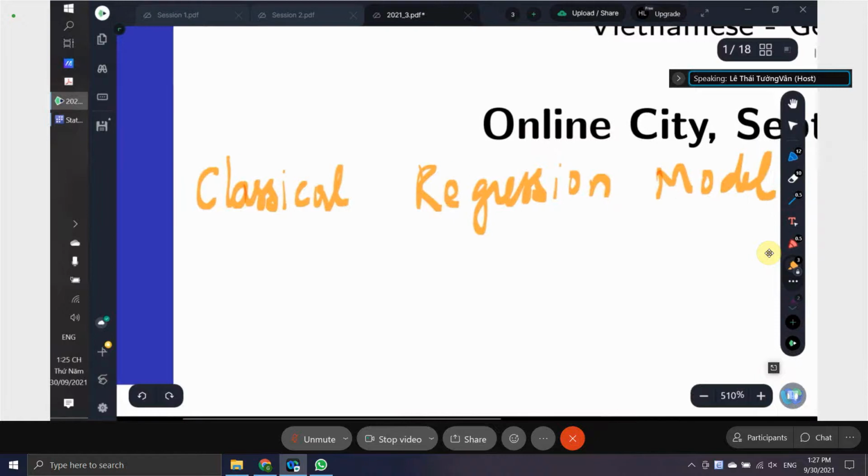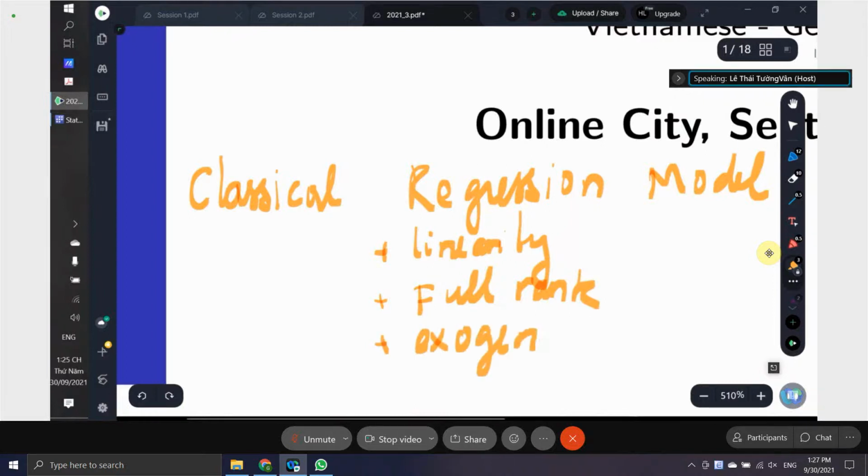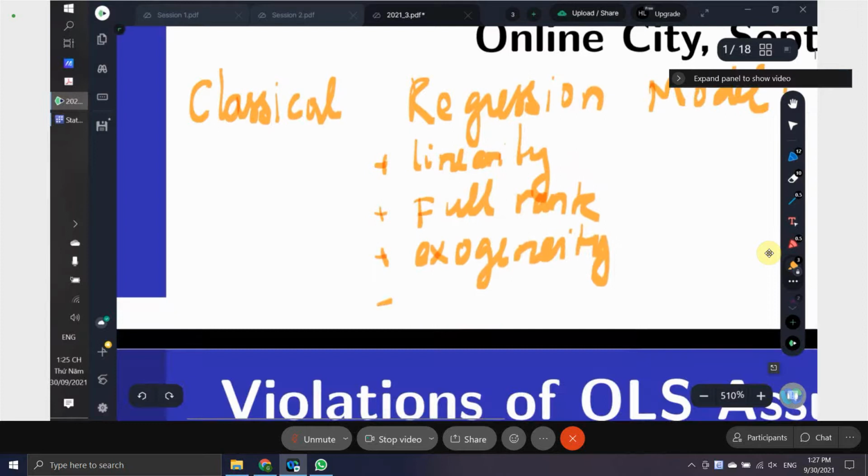The first one is linearity, right? The second one is full rank. The third one is exogeneity. The fourth one is spherical disturbance.